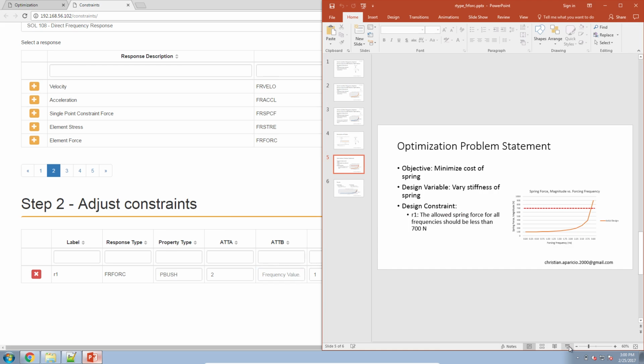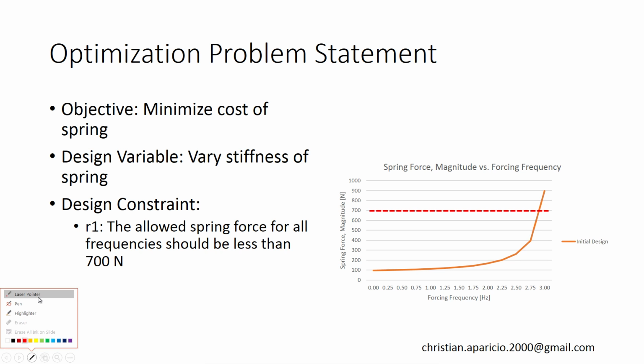So let me explain what that means actually. Prior to your frequency response analysis, you specify which forcing frequencies to perform the analysis on. So here we perform the analysis on a forcing frequency of 0 Hz, 0.25 Hz, 0.75 Hz, and so on and so on.